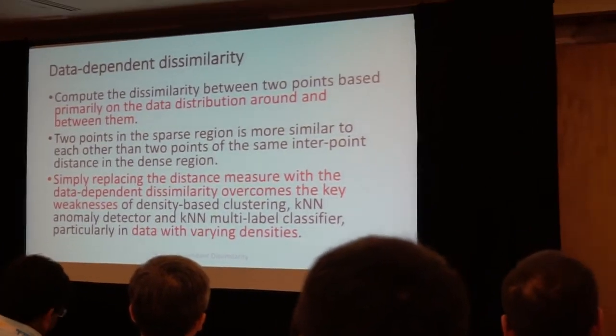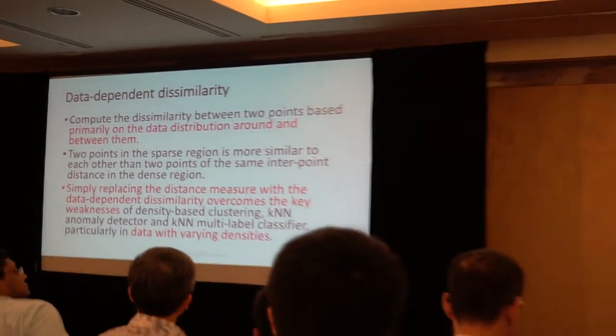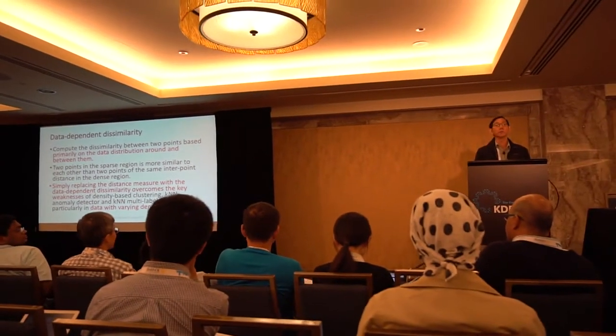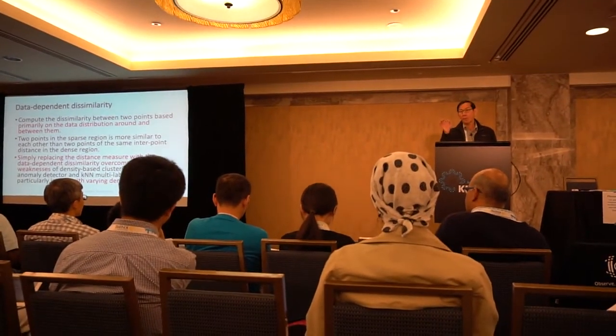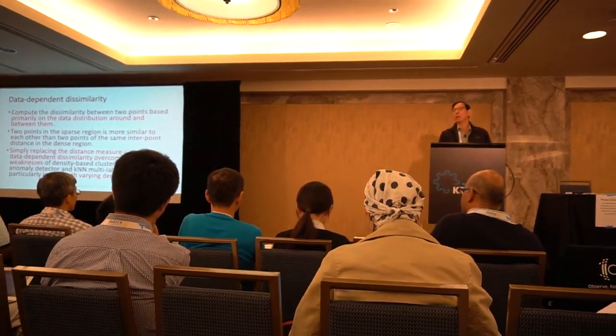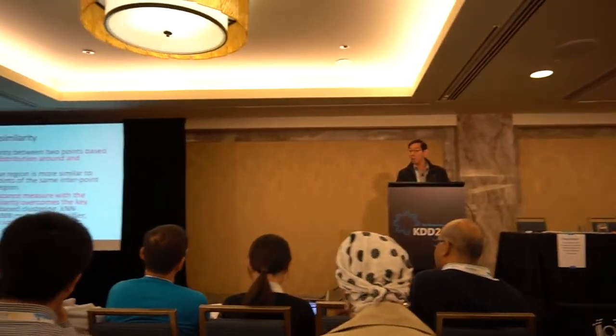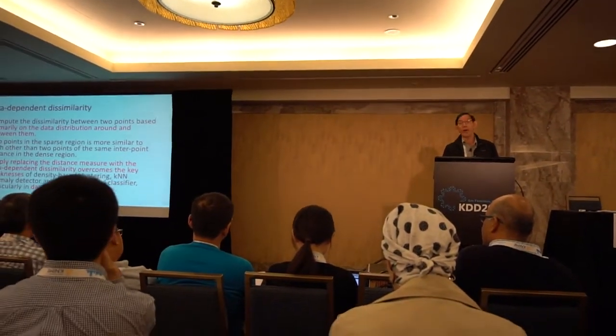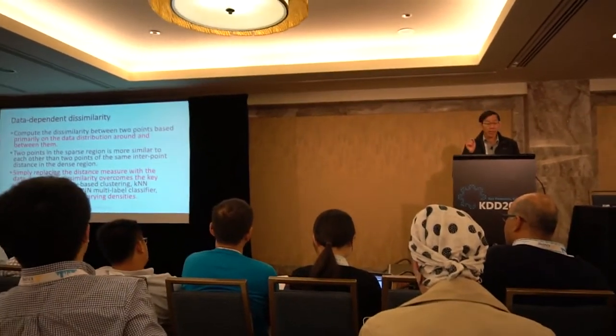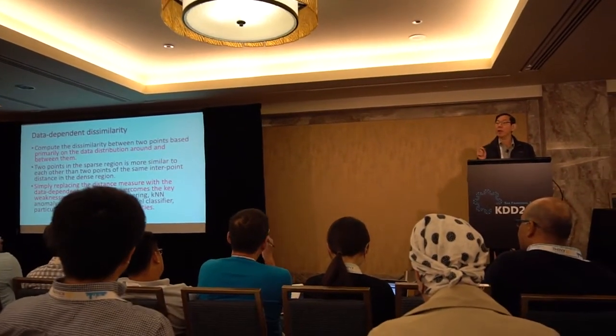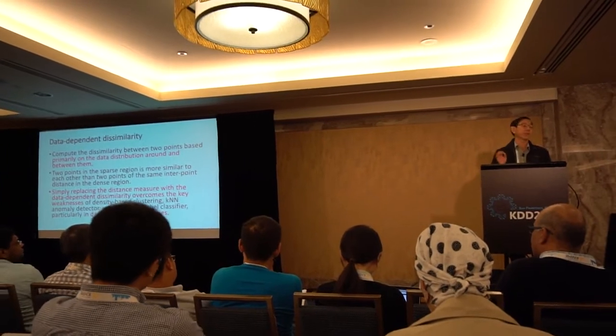If you simply unplug the distance function from your existing algorithm and plug in the data-dependent dissimilarity, it will actually overcome the key weaknesses you have now, particularly in data sets with greatly varying densities.